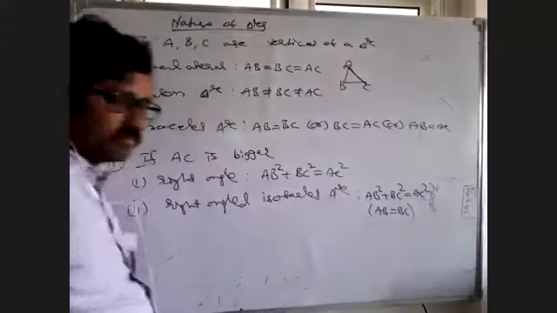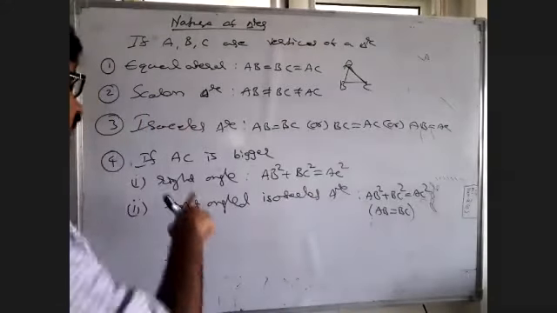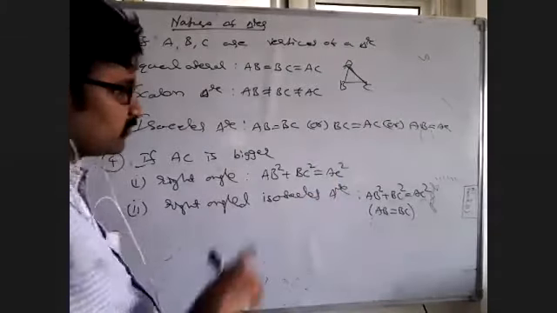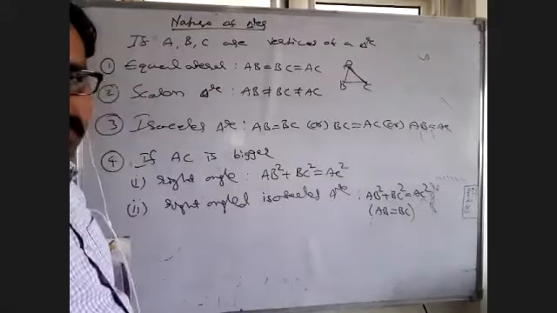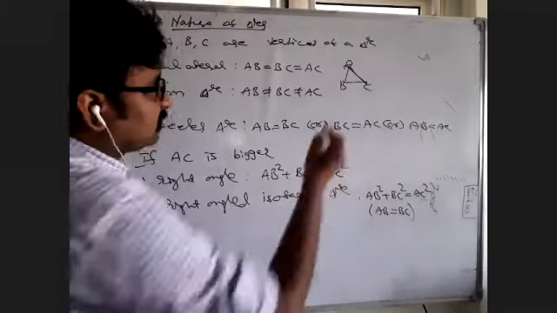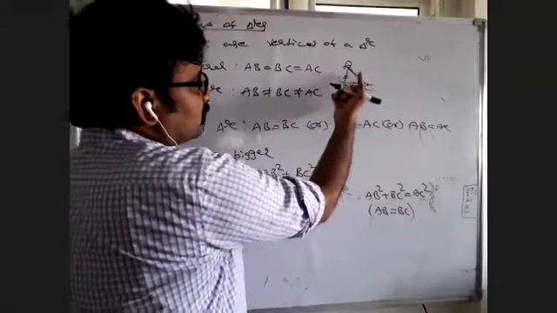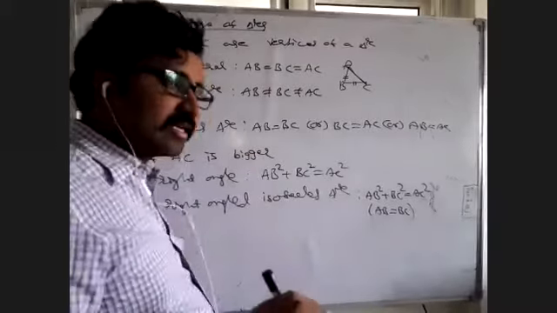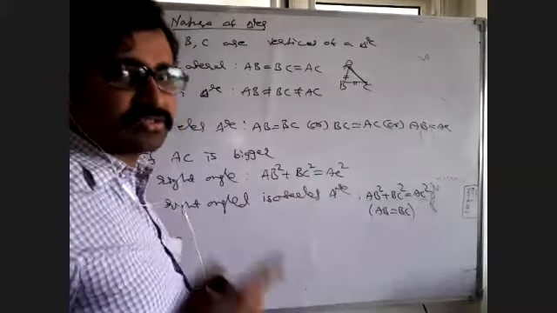Here AB not equal to BC not equal to AC is a plain right angle triangle if it satisfies hypotenuse square equal to side square plus side square. This is also the same, but two sides are equal. These two sides are equal, and this square plus this square is equal to this square. Since this satisfies the right angle condition and these two are equal, it is a right angle isosceles triangle.